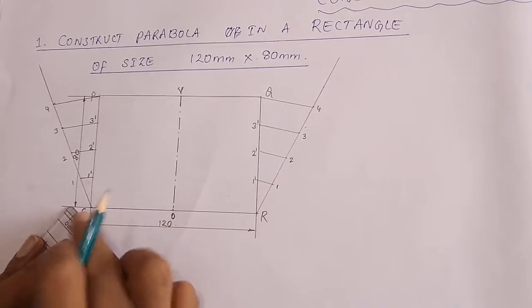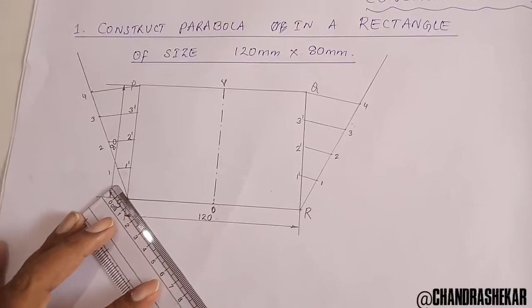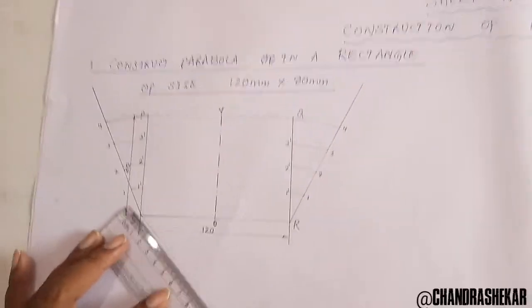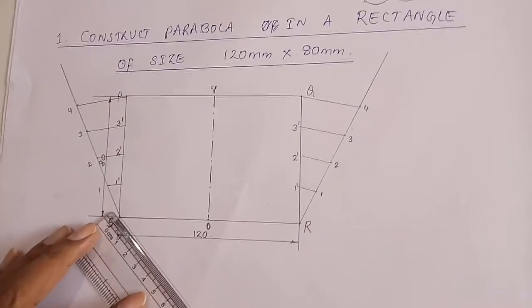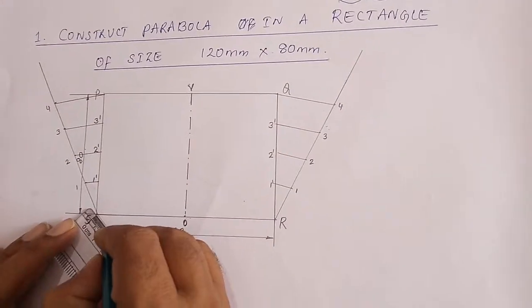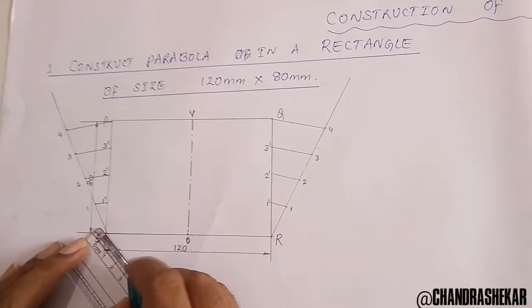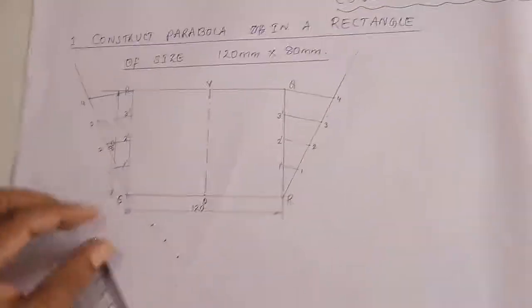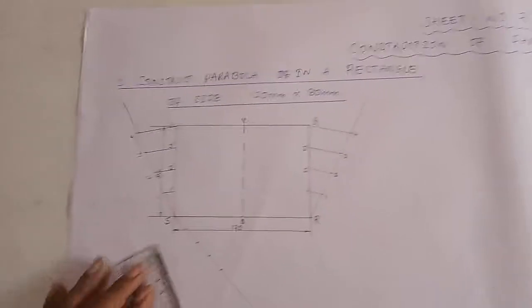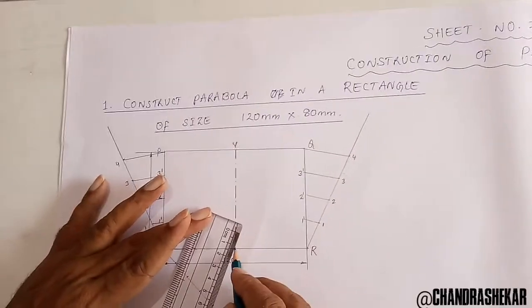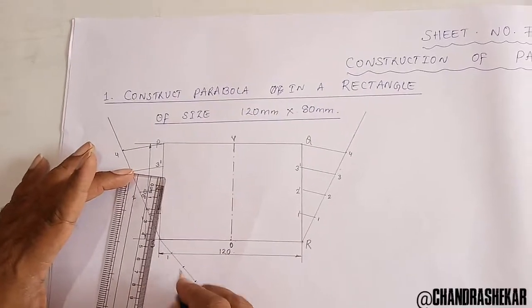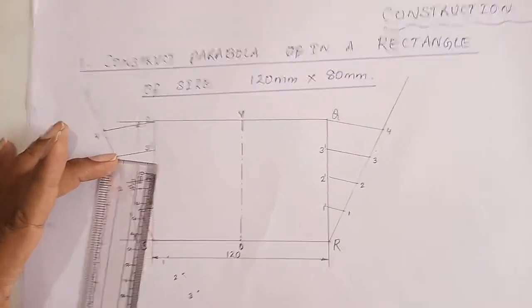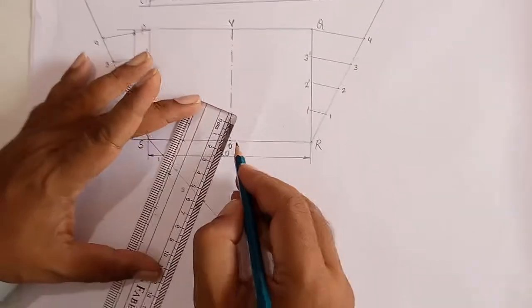Divide OS into 4 parts. So draw any line like this. Take 1.5 mm, 3, 4.5, 6, equal parts; 15, 15 I have taken. Then call these 1, 2, 3, 4.